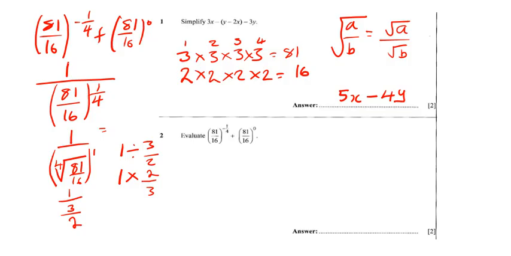So in this case it will be 1 times 2 over 3, because any number is over 1. So this will be your answer, you write it there, 2 over 3. Yes, so that's how you solve this question.